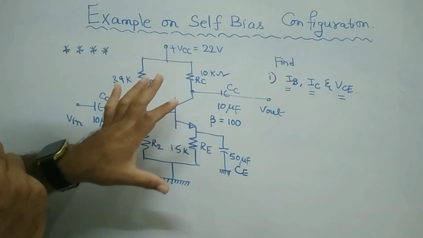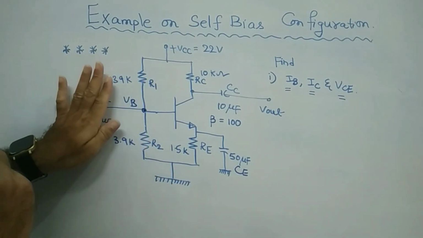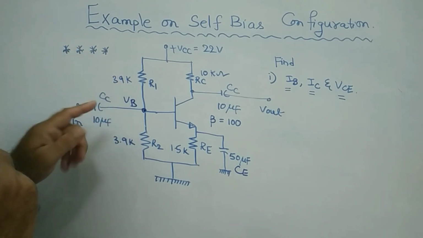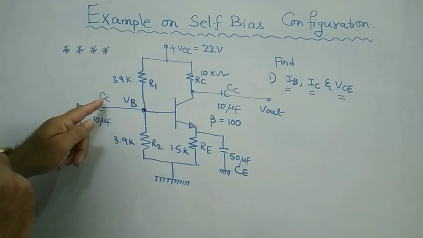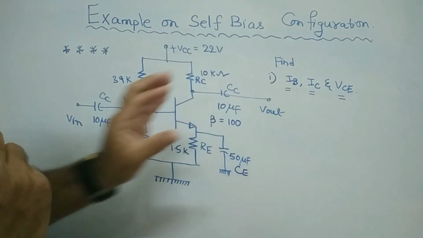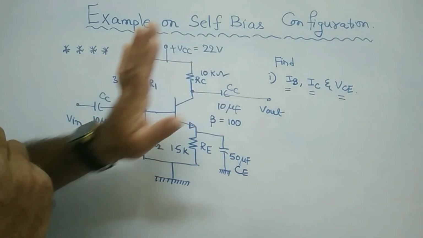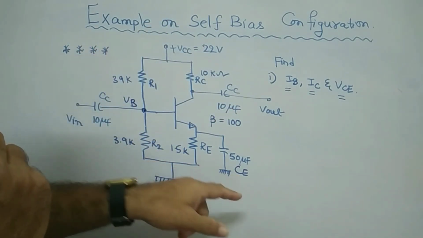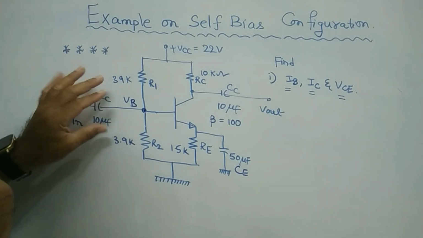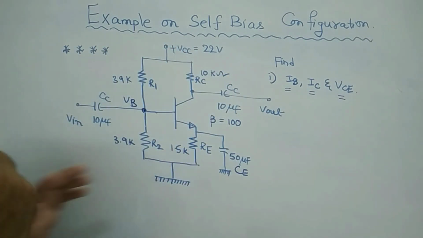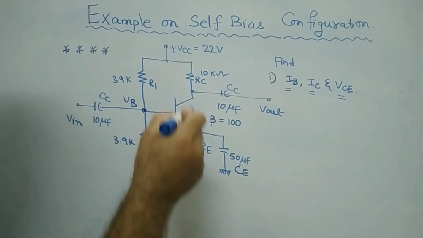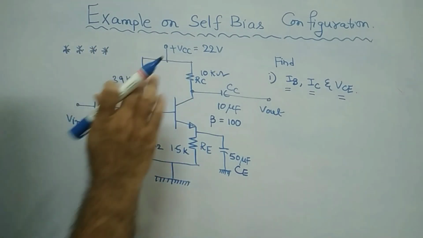While discussing DC analysis, forget about the capacitances. CC is a coupling capacitor used at both the input side and the output side, so CC will not come into the picture, and CE also will not come into the picture. You can directly ignore these capacitances and concentrate on the transistor, the resistances and the supply voltage. That's it.